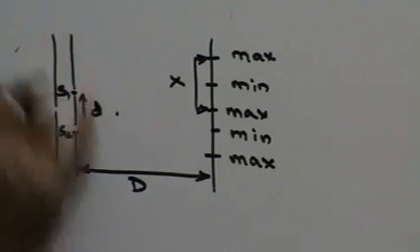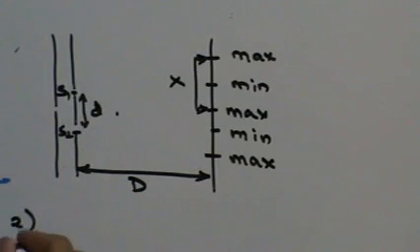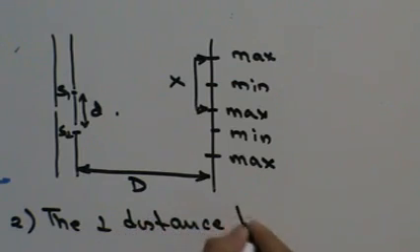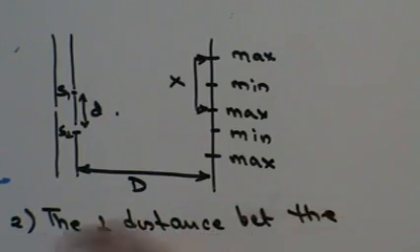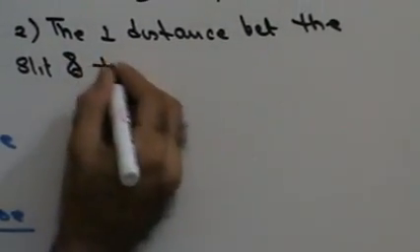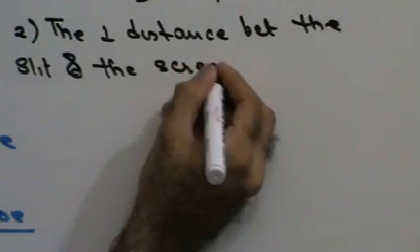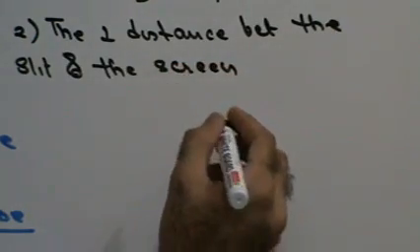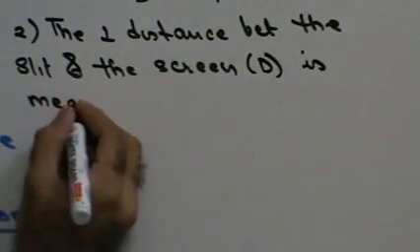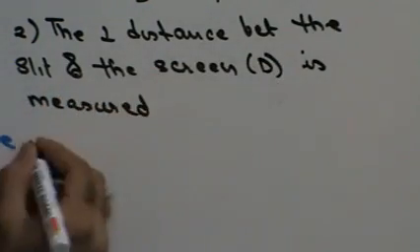So I can say that second point, the perpendicular distance between the slit and the screen, D, is measured, right?